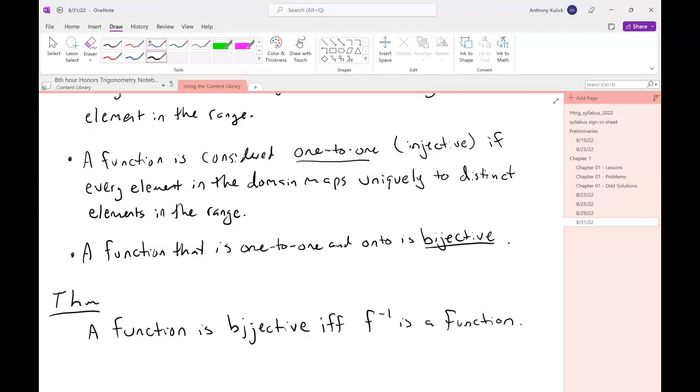So we can say that a function is bijective if and only if f inverse is a function. So note that that's an if and only if statement, so it reads both forwards and backwards. So f inverse will be a function if f is bijective. Oops, a function f.